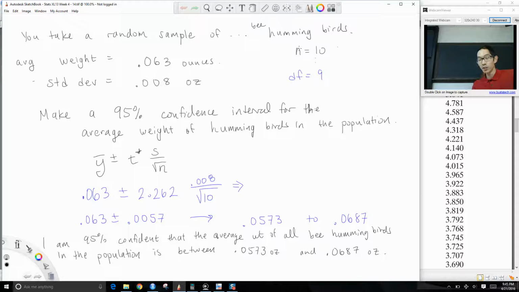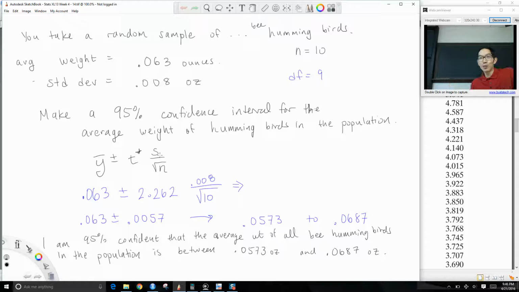Because I have a fairly small sample, I'm assuming that hummingbird weights in the population are somewhat normal. If not perfectly normal, they're at least unimodal and symmetric, and our sampling distribution obeys the central limit theorem. So there are a lot of little things working in the background that most of the time we can get away with, okay?